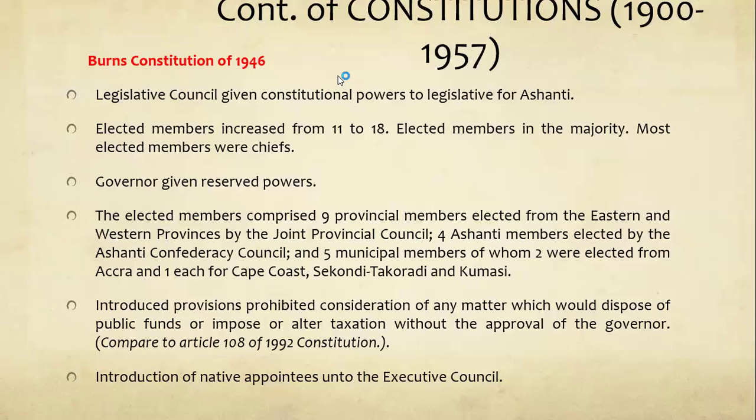But the intention behind the property qualification may have been to ensure that only people of substance, or people with material interests at stake in the country, were elected to a council.